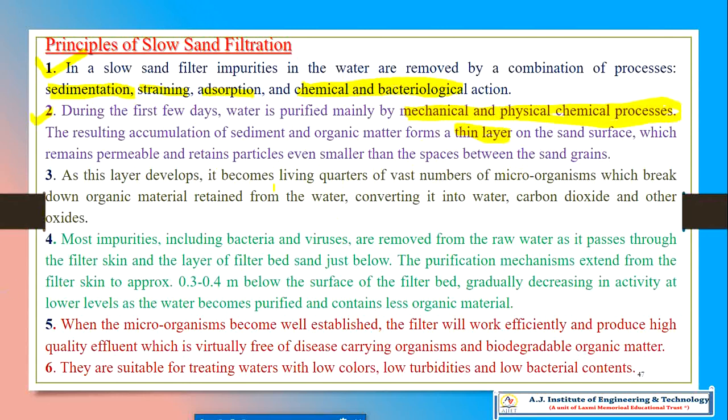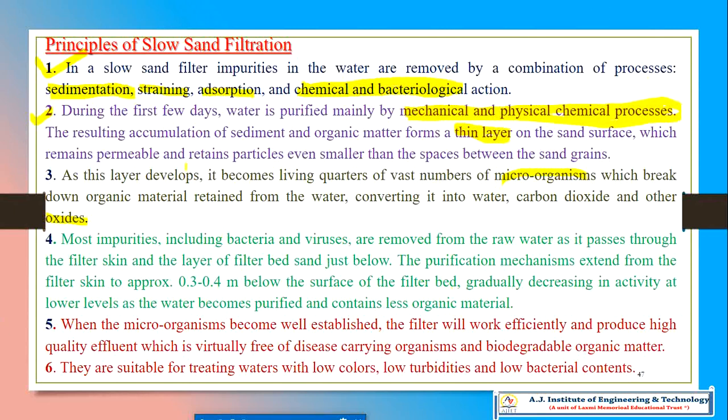As the layer develops, it becomes living quarters for a vast number of microorganisms which break down the organic material retained from the water, converting it into water, carbon dioxide, and other oxides. This happens after a few days in slow sand filtration.